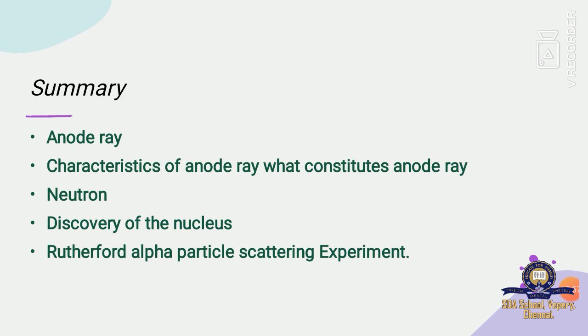The whole mass of atom gets concentrated in nucleus, and he used alpha particle scattering experiment to discover nucleus, and in this experiment the alpha particle, which is emitted from radioactive substance like radium, polonium, gets bombarded with gold foil and they get deflected.